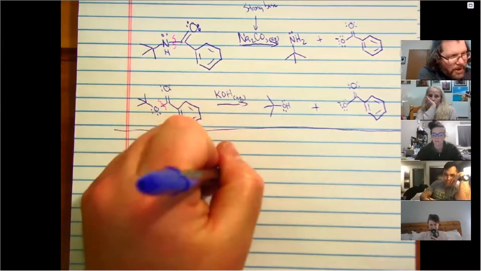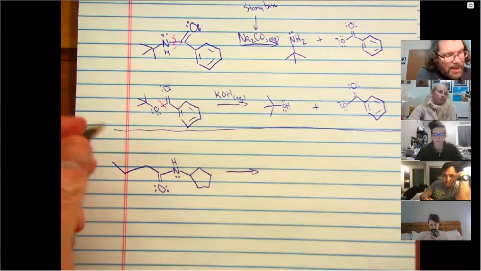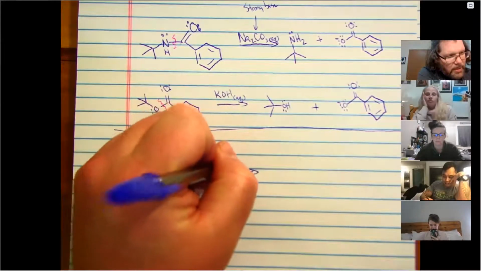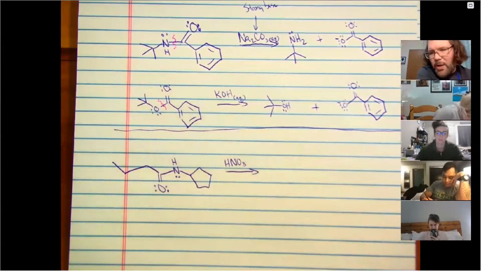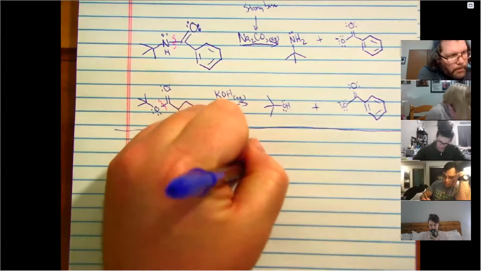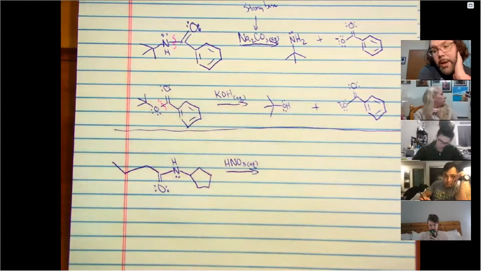I just can't draw anything right today. So let's say we are hydrolyzing this amide in acidic conditions, just using nitric acid, another strong acid. What would we expect the two products to look like?